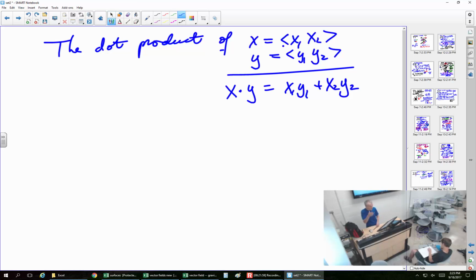Okay, so once again, I have a comma here. As you can see, we're sticking with going component by component like this. So one is multiplied, and then the other is multiplied, and finally they're added together.